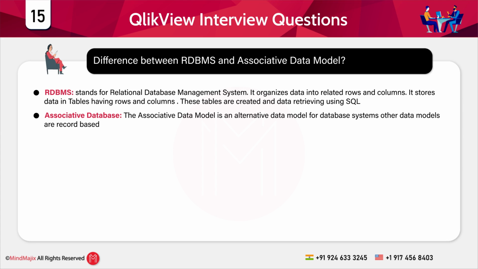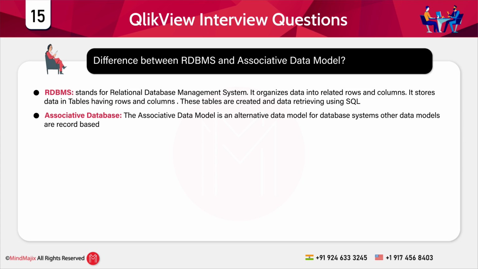Suppose in the transaction data model, you would have 10 tables individually connected with each other. In the dimensional data model, those 10 tables would have been joined with each other, and maybe you would have 2, 3, or 4 tables in the dimensional or associative data model.